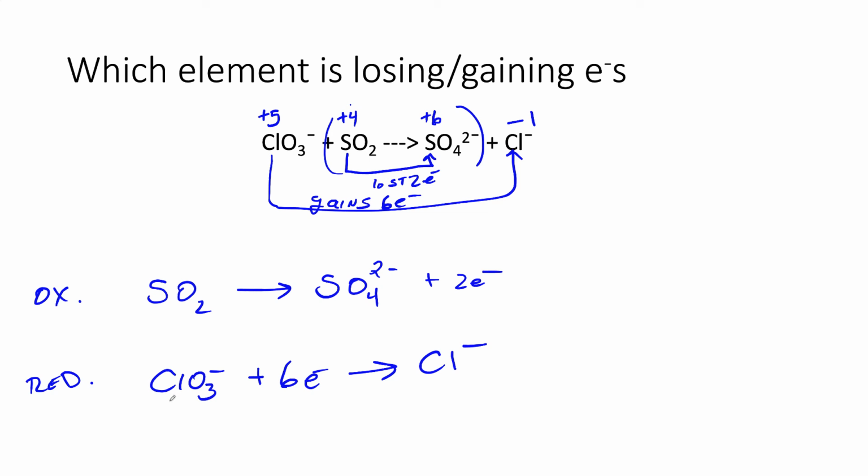So it goes from +5 to -1, and now we have split a redox reaction in half. Here's one half of the reaction, here's the other: oxidation and reduction. This is what we mean by splitting, and then we're going to show you later how to balance these things.